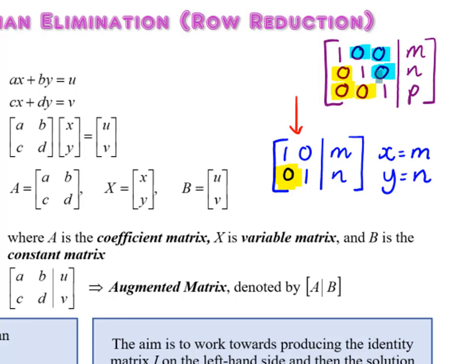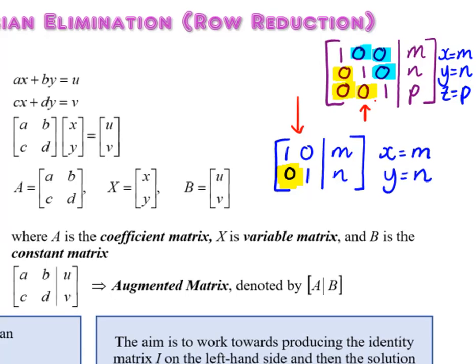And again, as you can see by this 3 by 3, our x is going to equal m, our y equals n, and our z is equal to p. So again, we're trying to get that identity matrix on the left-hand side.